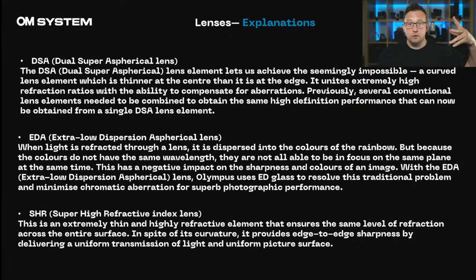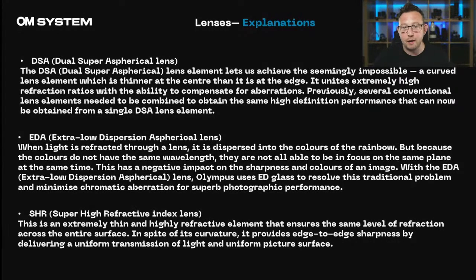And it's because all those rainbows come in. You can also imagine it like the fingers on my hand. As the light comes in, this is one wavelength that hits a focal plane right here, but a different color wavelength isn't quite there. And they're not focusing all on the same wavelength. And that EDA lens is there to challenge that and to try and repair any potential chromatic aberration.